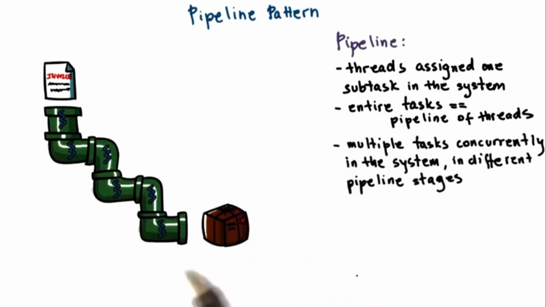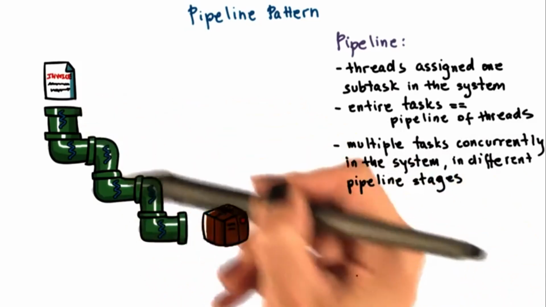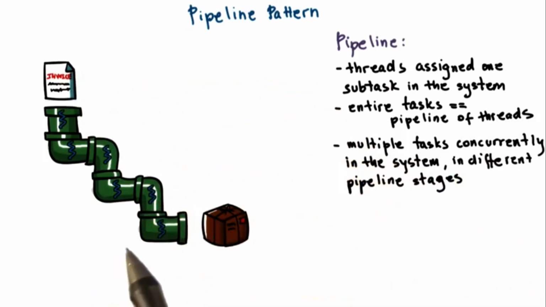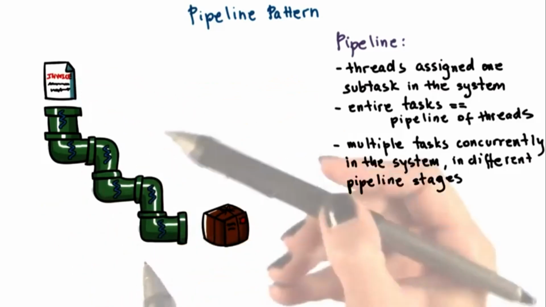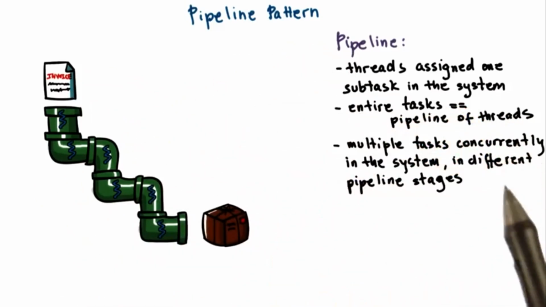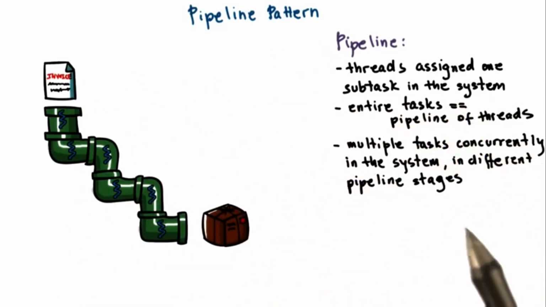At any given point in time, we can have multiple tasks concurrently in the system, so multiple toy shop orders being processed by different workers. It's just that every single one of those orders, every single one of those tasks, will be at a different stage in the pipeline.